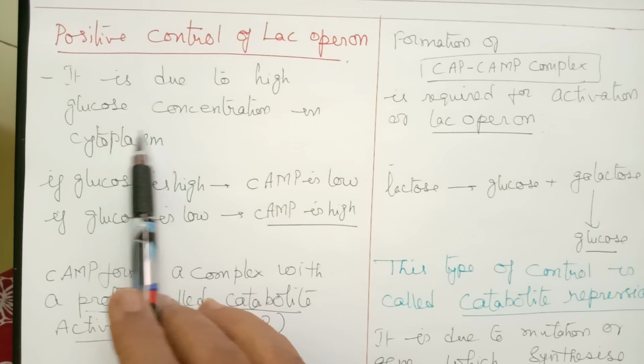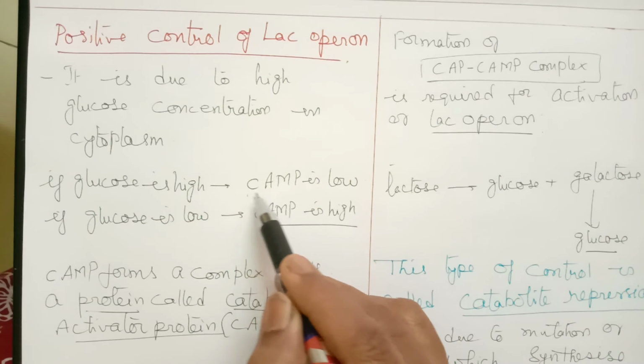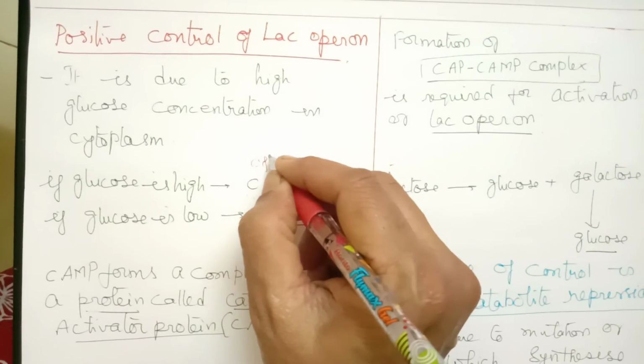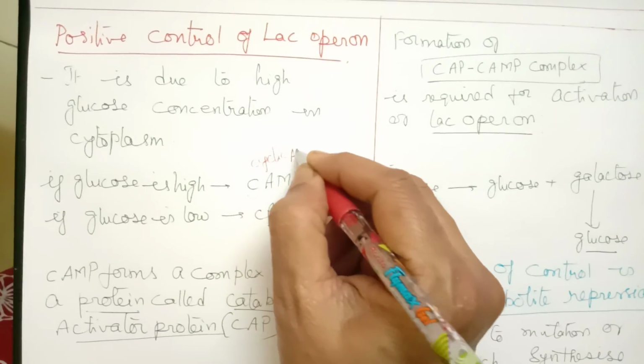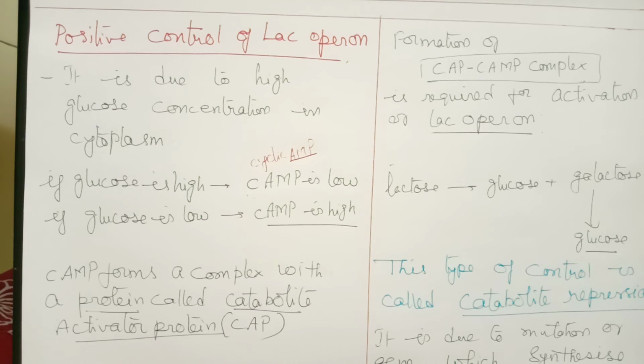So it is due to high glucose concentration in cytoplasm. Suppose glucose is very high. A compound called cyclic AMP, called cAMP. AMP, you know, is adenosine monophosphate. So this cyclic AMP will be very low if glucose is high. Or in other words, if glucose is low, cyclic AMP is high.